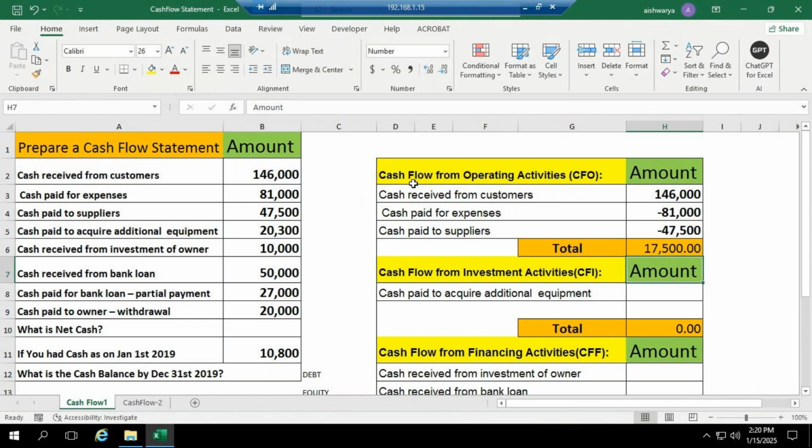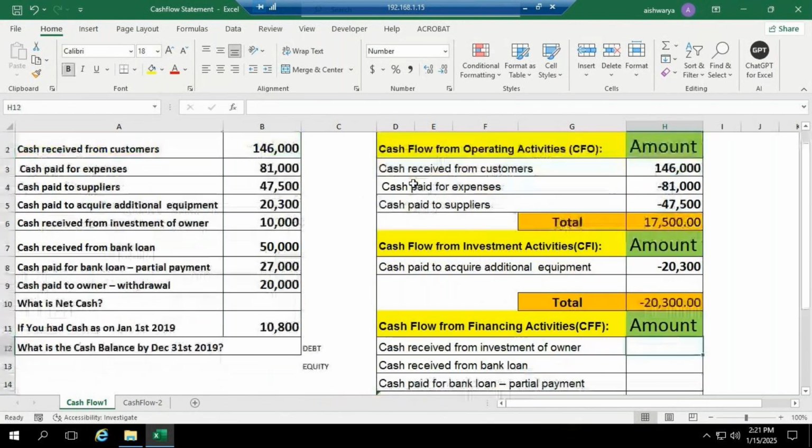Okay, done. Then after that, cash paid to acquire additional equipment, that means minus 20,300 only. Now here, cash received from the investment of owner, here you put 10,000 rupees.